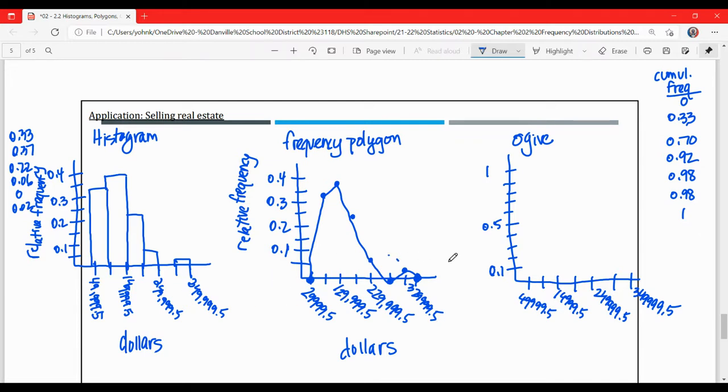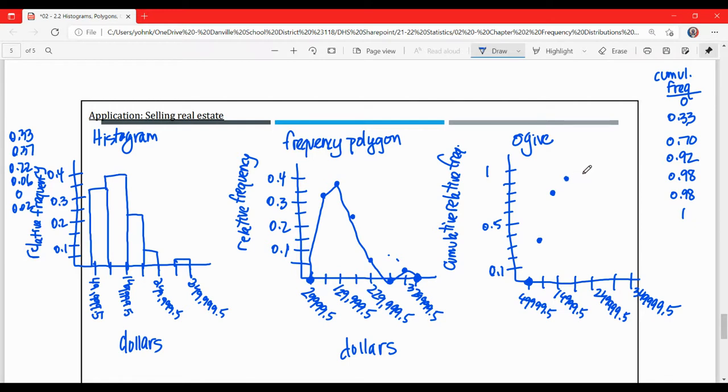Oh, I guess we should say that this is the cumulative relative frequency. Okay, so the first one is 0. The next one is 0.33. Then shoots all the way up to 0.70. Then it goes up to 0.92.